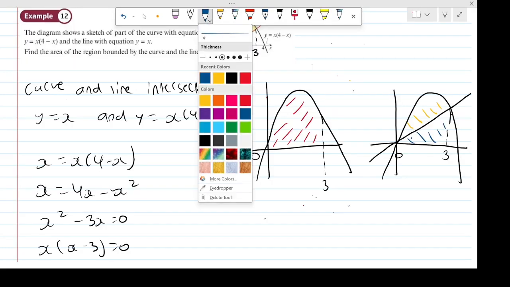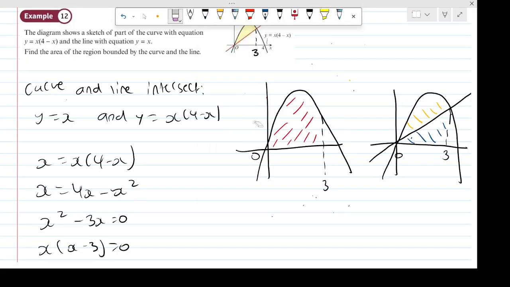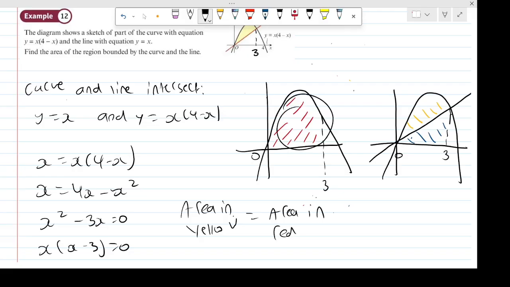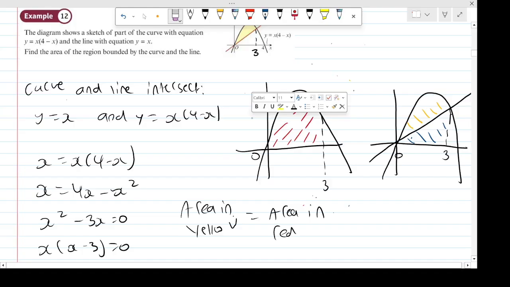So the way I can work out the yellow area, well, if I consider the whole area under the curve, that's going to be the area in red here. But as we saw, the area in red, which is blue and yellow combined, you can see here in the second diagram, the area in red is the same as the area in yellow and blue, which is split up above and below the line.